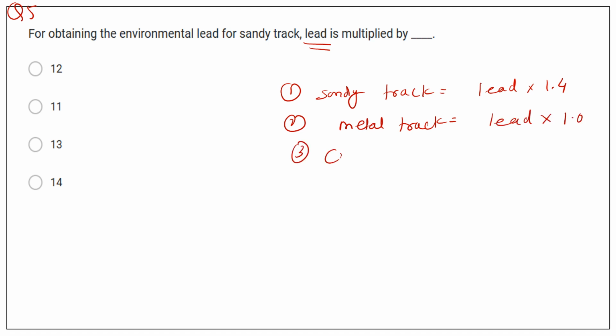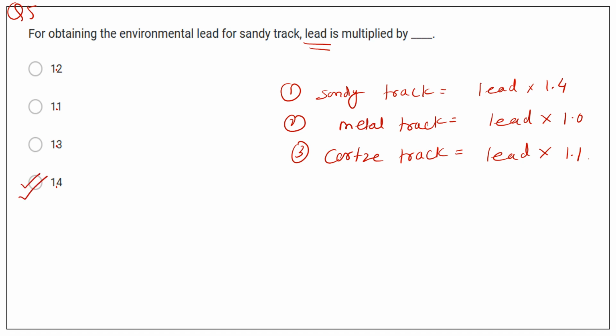Third is cart track. In cart track, the lead is multiplied by 1.1. Here for the sandy track, the lead is multiplied by 1.4. So the decimal point is missing in the options. First is 1.2, second is 1.1, third is 1.3, and last one is 1.4. So here option number 4 is correct.